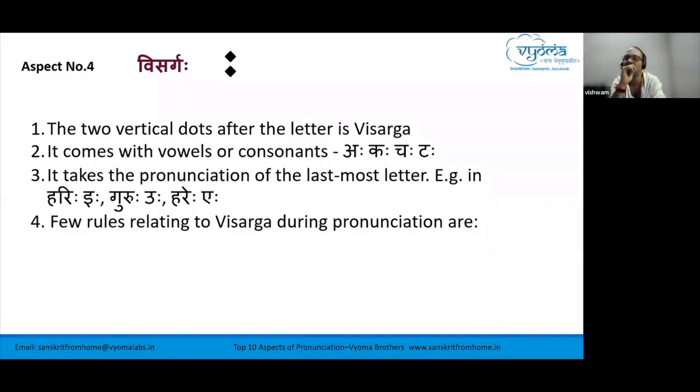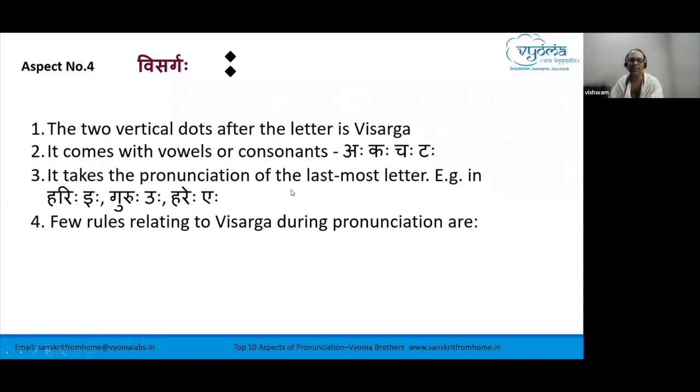I used to make all these mistakes, and sometimes we do even now. In a dictation test, the teacher says Hari Hi, and we write Hari and Ha with an E. There we lose half a mark or one mark. That is why, if we know this concept, that two dots take the pronunciation of the previous last letter, we will not get that doubt.